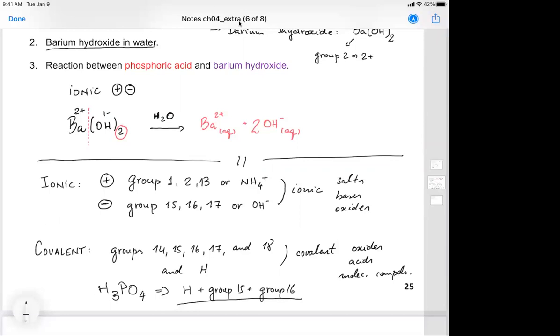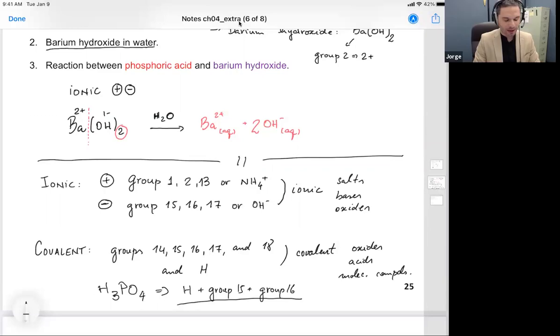I'm really sorry because I have to follow the order of the book, but there is a reason that some compounds are soluble and some compounds are not soluble. But at this point, we have to use the table.